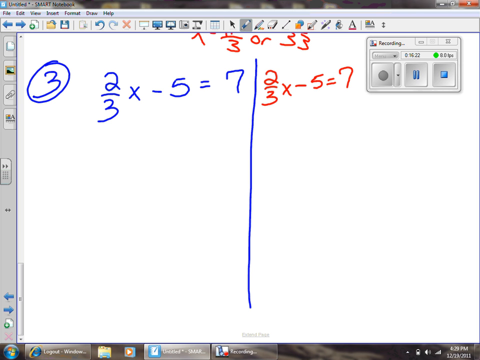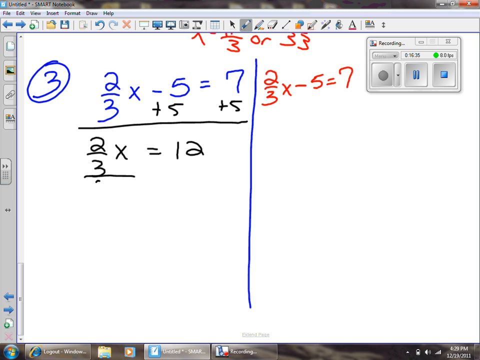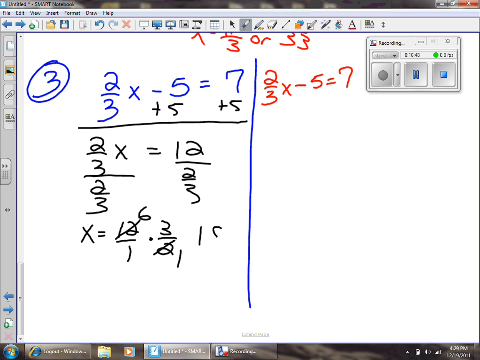If you're still listening, I assume you're ready to see a solution. In this first problem, I will add 5 to each side. I'll get 2/3 x equals 12. I'll divide by 2/3. X will equal 12 over 1 times 3 over 2. 18. X is equal to 18 is my solution.